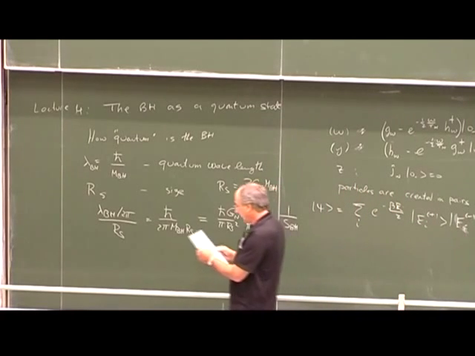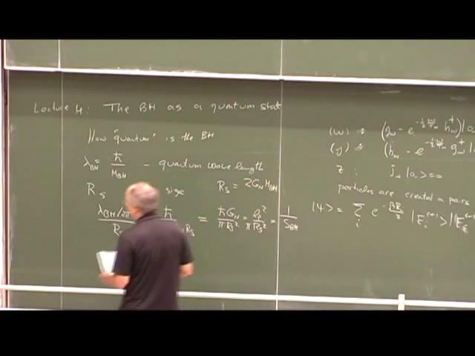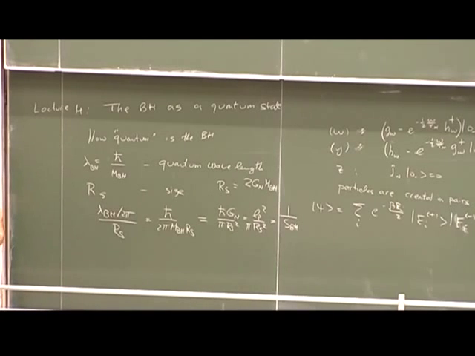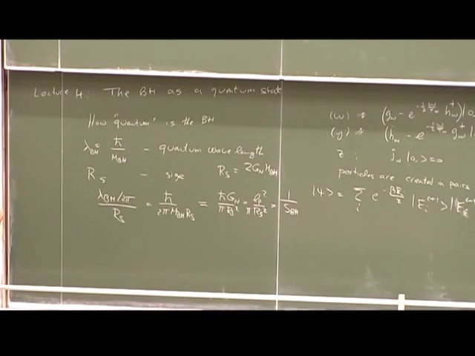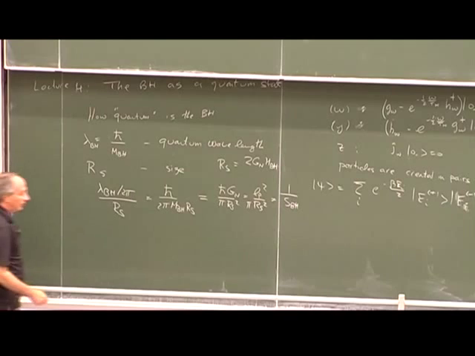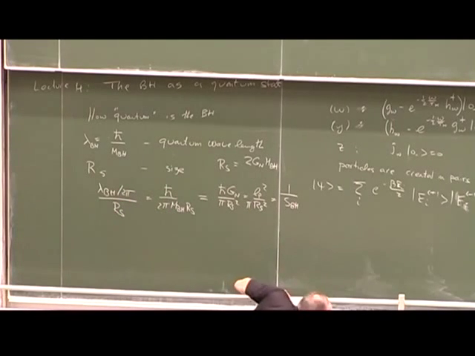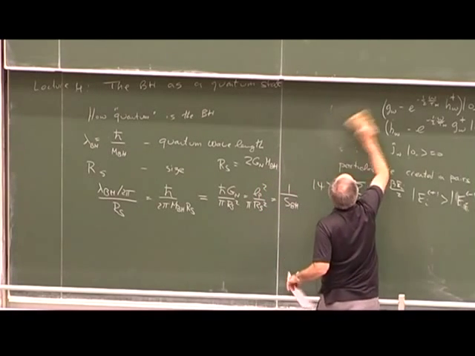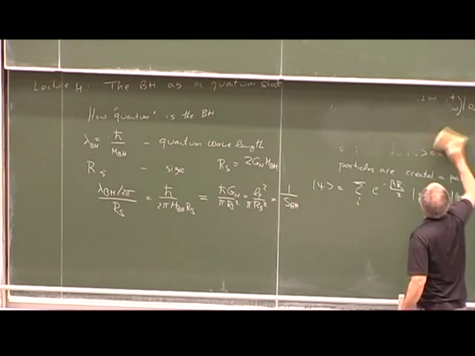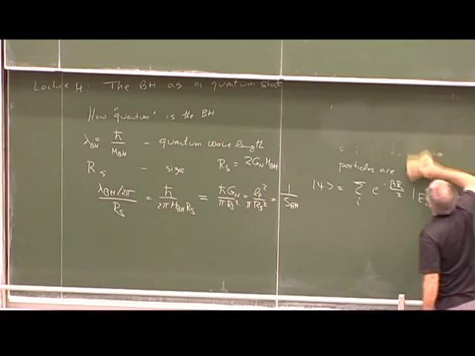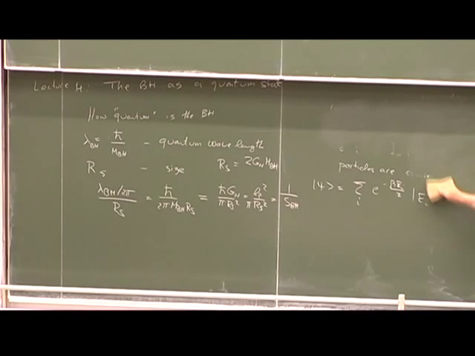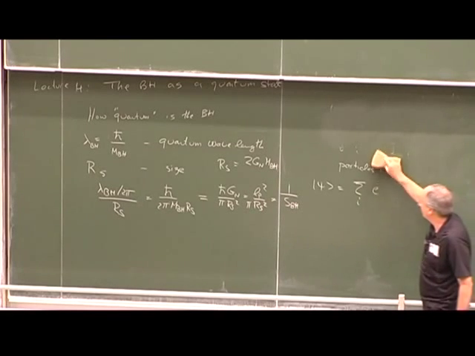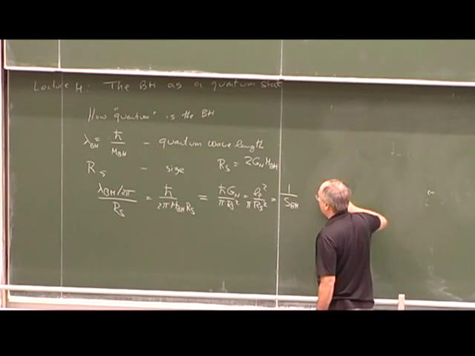And the approximation that we have been using when doing the Hawking calculation, which is quantum field theory in curved space-time, we describe the black hole as a classical geometry, a strictly classical geometry.